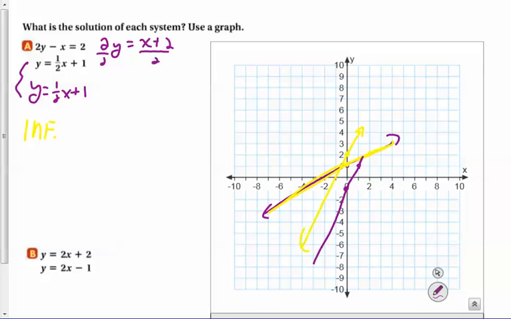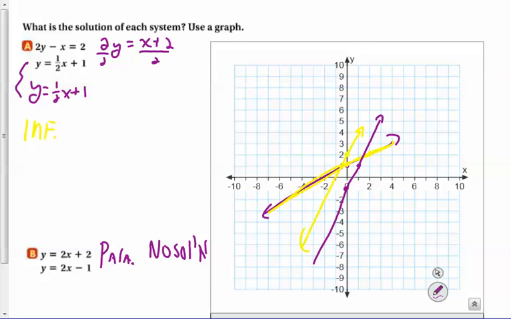I go like this. Notice that these guys, how many times do they cross? They don't. They're parallel, which means there is no solution there. There is absolutely no solution. So we call this an inconsistent system, and they're parallel. So be mindful of that.